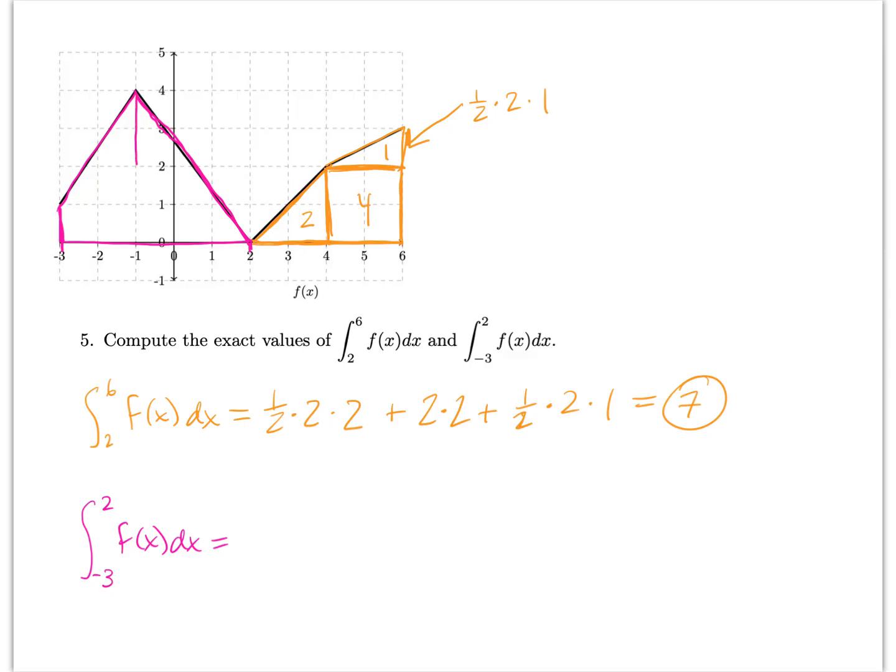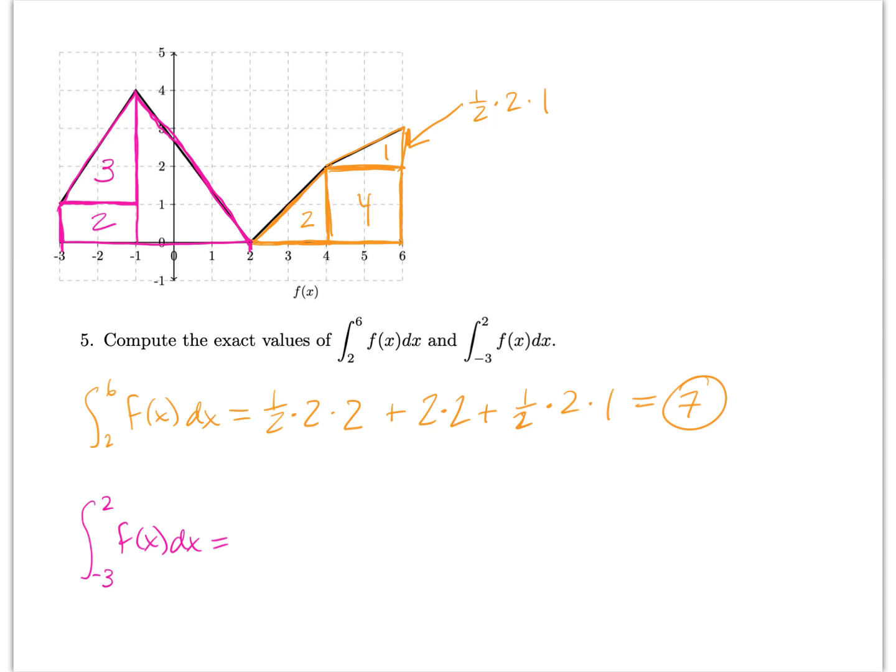So I'm going to draw that there, and I can break that into a rectangle with a triangle on top. So the rectangle on the bottom has a base of 2, height of 1. So that's got an area of 2. And then the triangle above it has a base of 2, height of 3, because it goes from 1 to 4. So this distance is 3. So this is 1/2 times 2 times 3, which is 3.